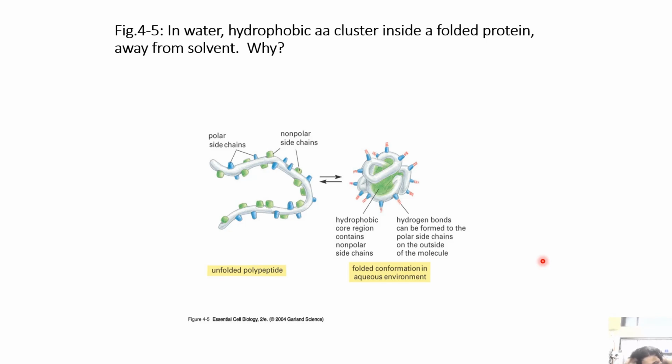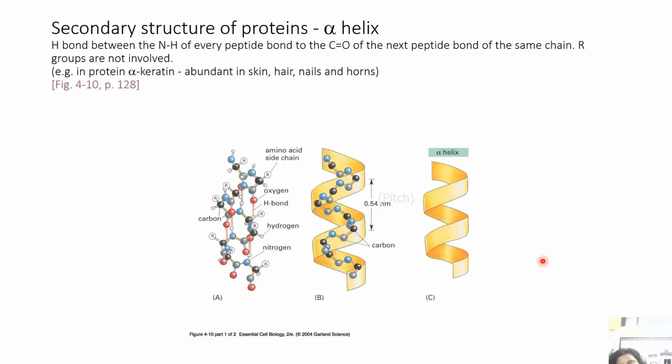Why? The hydrophobic core region contains non-polar side chains, and hydrogen bonds can be formed to the polar side chains on the outside of the molecule. Okay. So this is the folded conformation in an aqueous environment.